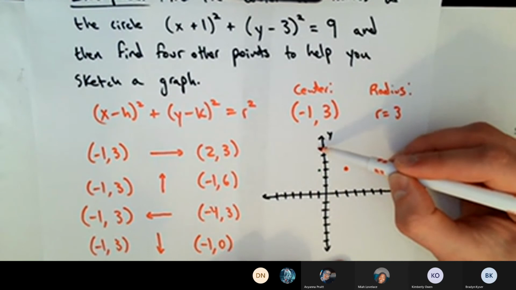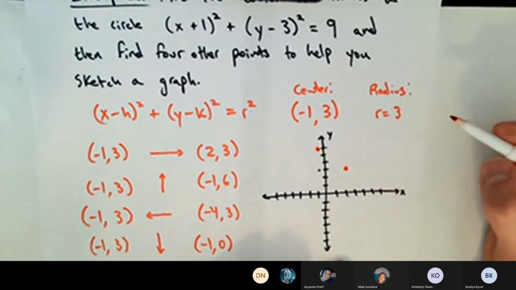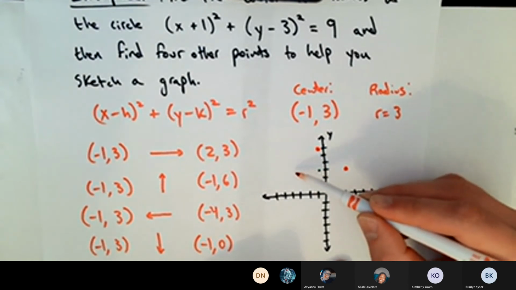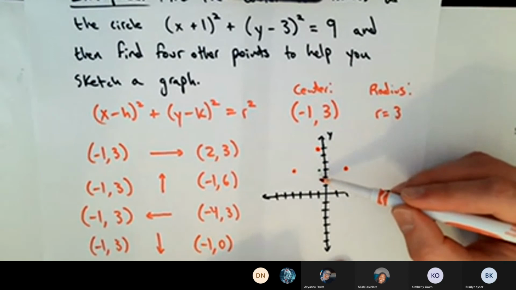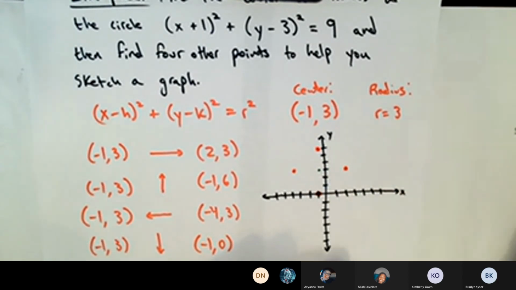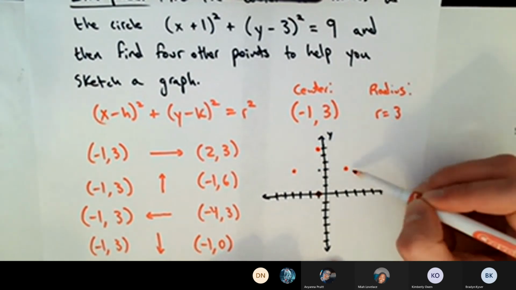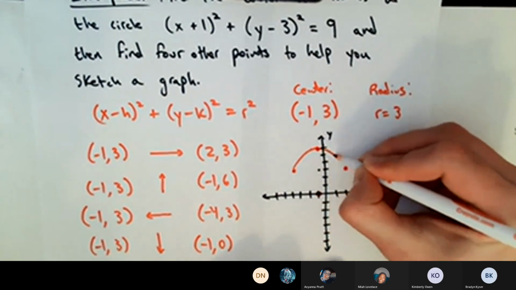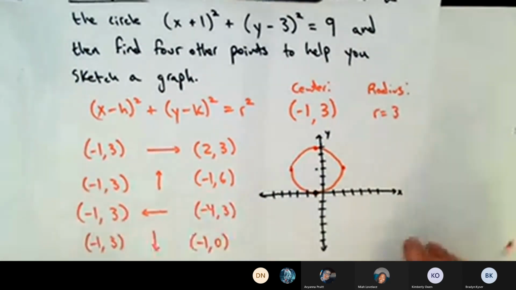I went 3 up to get the point -1, 6. I went left from my center by 3 to the point -4, 3. And then from my center, I went down 3, which put me on the x-axis at -1, 0. So I'm just going from the center, going 3, 3, 3, 3, and finding these nice points straight up and down and straight to the left and right. There it is.